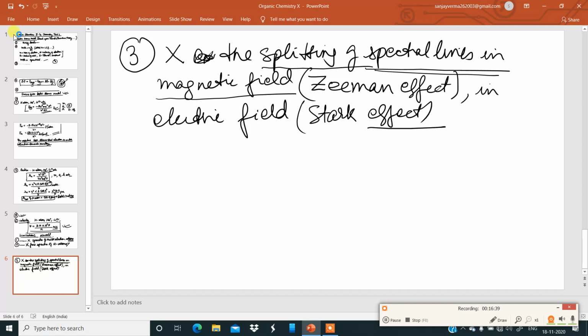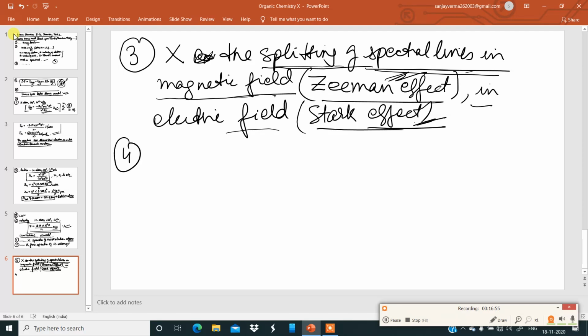So you must remember these: splitting of spectral lines in a magnetic field is the Zeeman effect, and in an electric field is the Stark effect. That is very important; you will get a half-mark or 1-mark question from here.